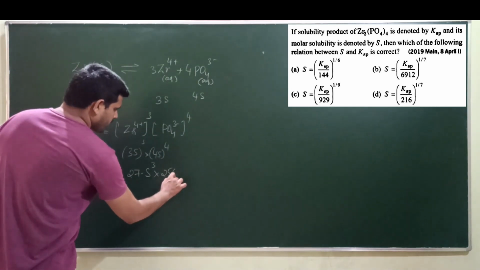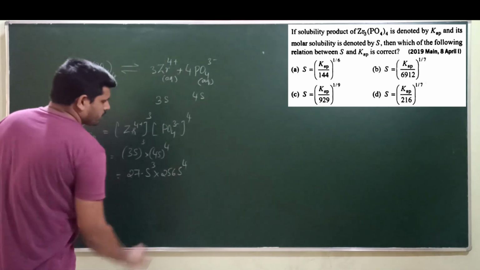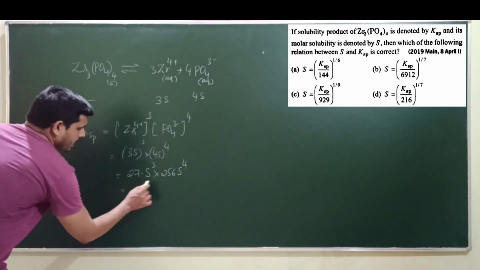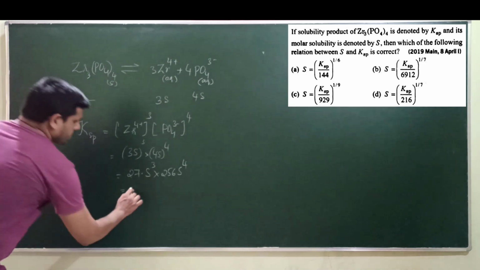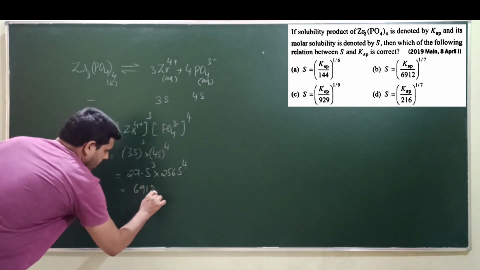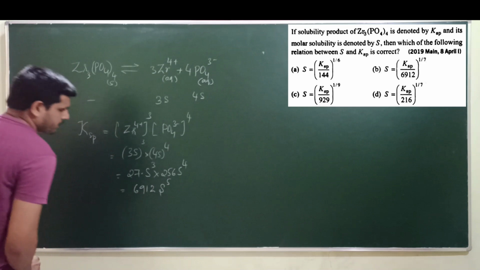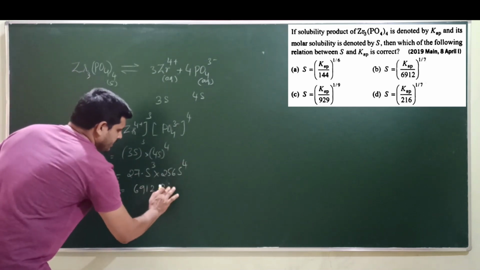So 256 into S to the power 4. Therefore totally 256 into 27, if you multiply, you will get 6912 into S to the power 5. Sorry, 4 plus 3, 7 it will be.